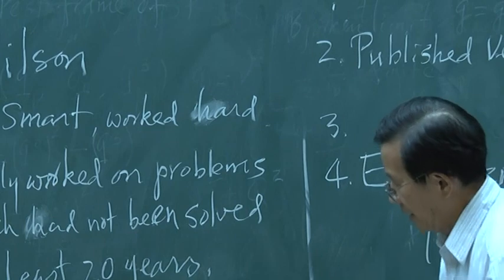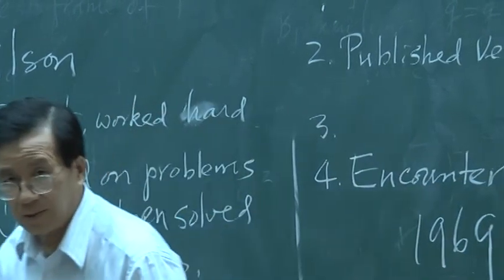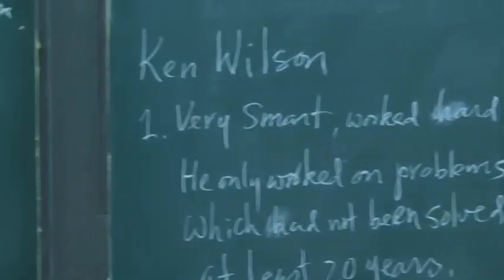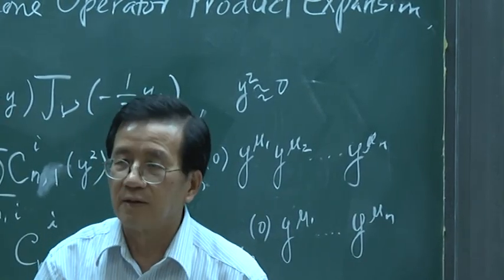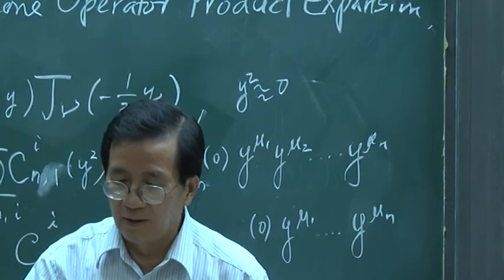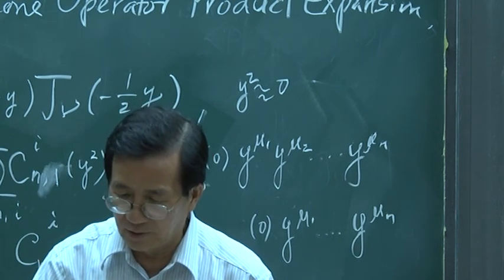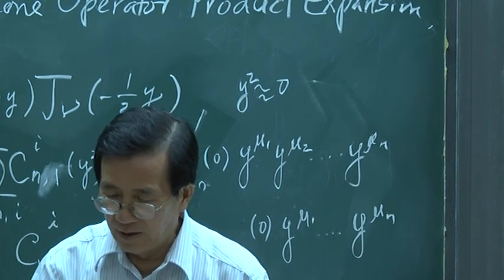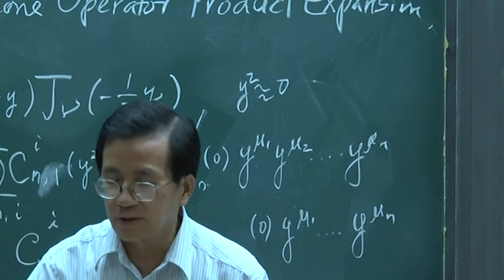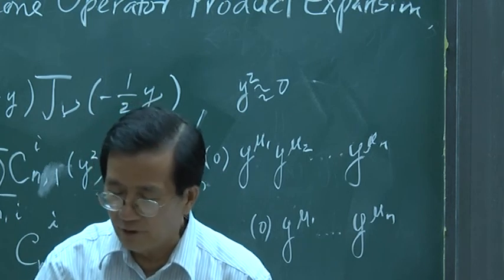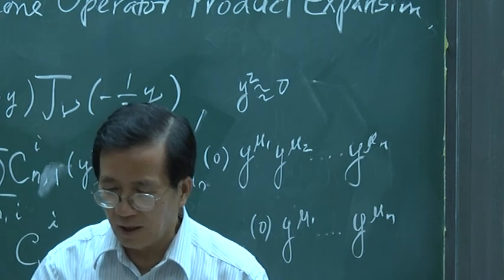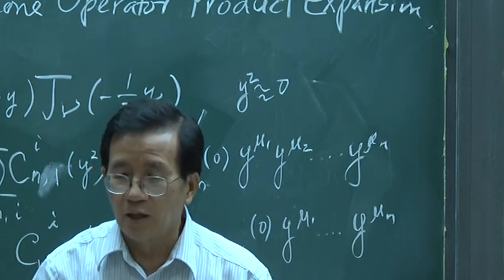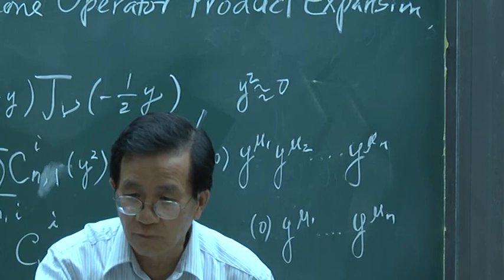In 1969, I was a postdoc at SLAC, and Feynman came to visit SLAC quite often. And when Feynman visited SLAC, he and Ken Wilson had a long discussion. And Feynman was very impressed. So where did this guy come from? One day he said, who are you? Where did you come from?